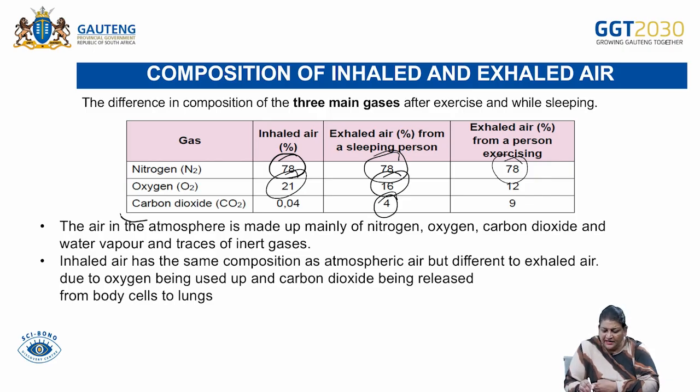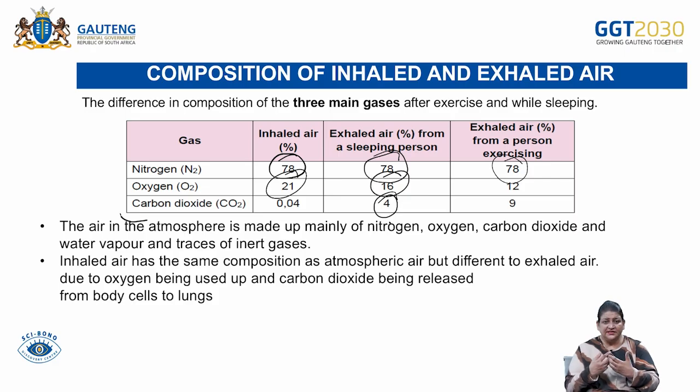Now when you exhale after you exercise, 21 minus 12 is going to be 9. So the exhaled air is going to have only 9% oxygen, which means we use up more oxygen when exercising.